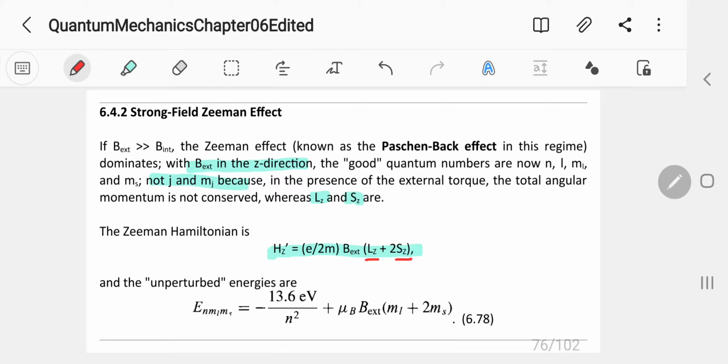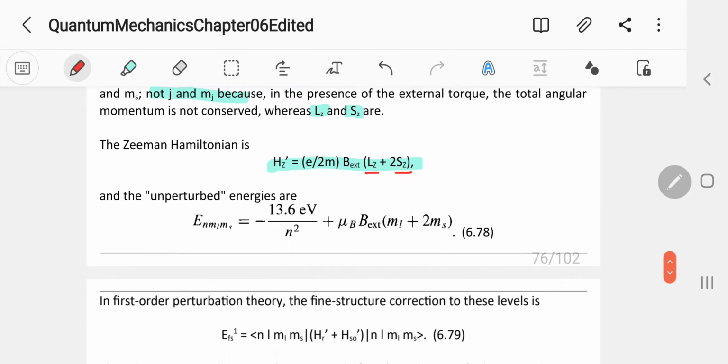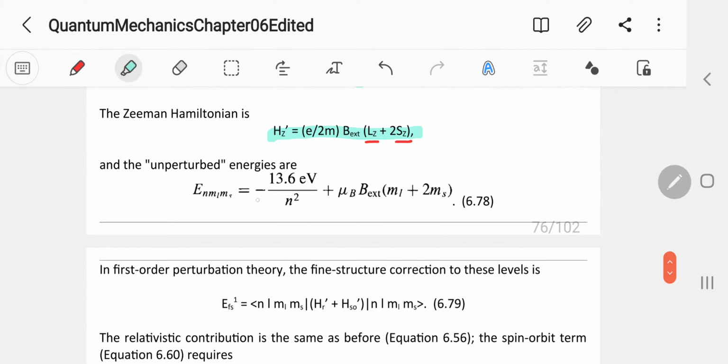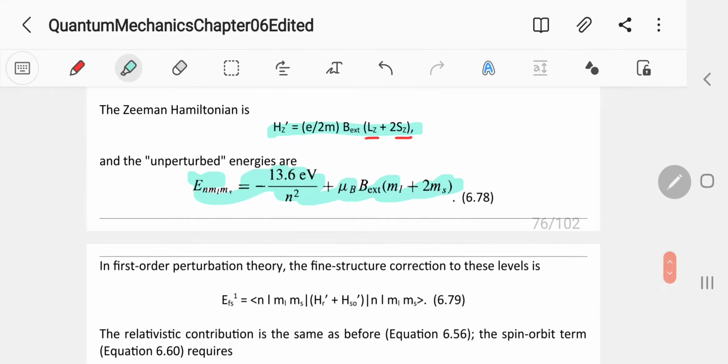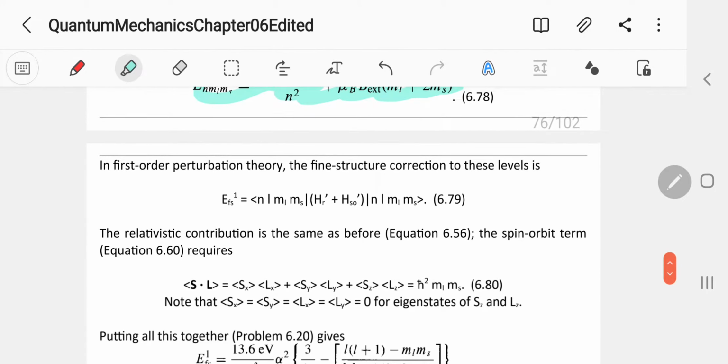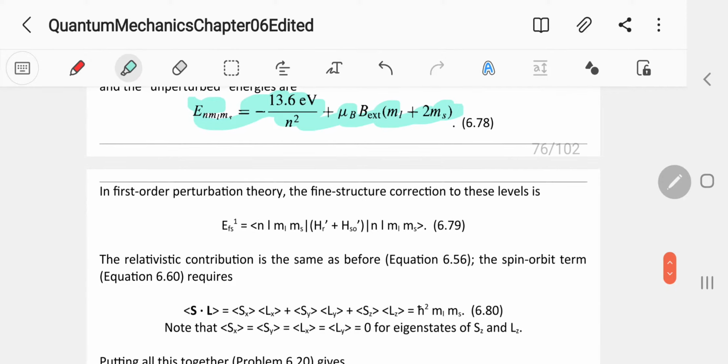And of course, the unperturbed energies would have to be this one. In the first order perturbation theory, the fine structure correction to these levels is calculated by this one here.